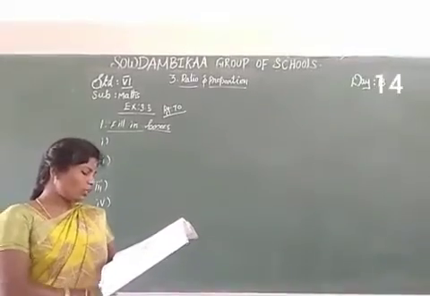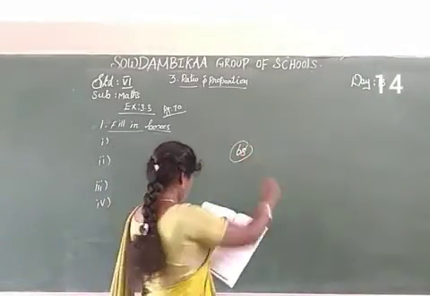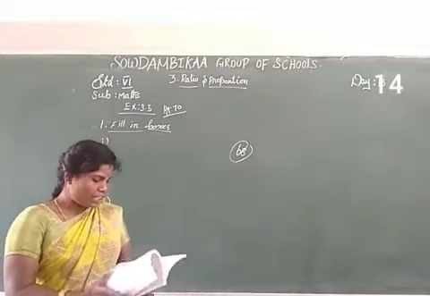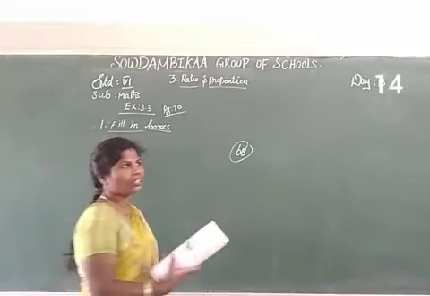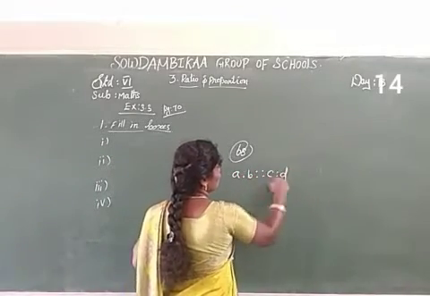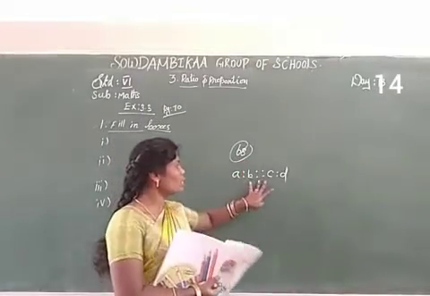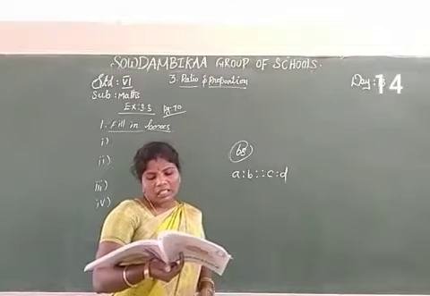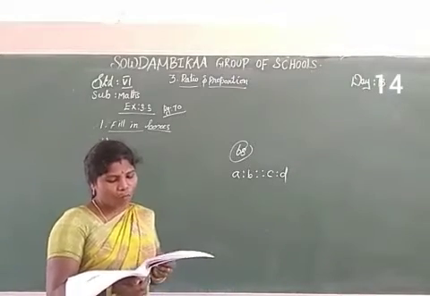Next, page number 68. Proportionality law. If two ratios are in proportion, that is A is to B is equal to C is to D, A is to B, already know how to read, then the product of extremes is equal to the product of means.